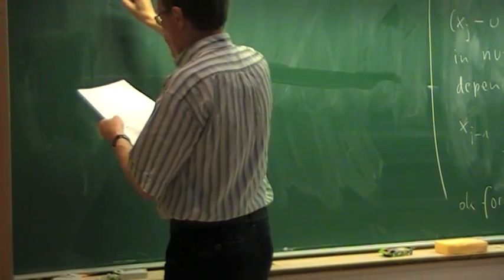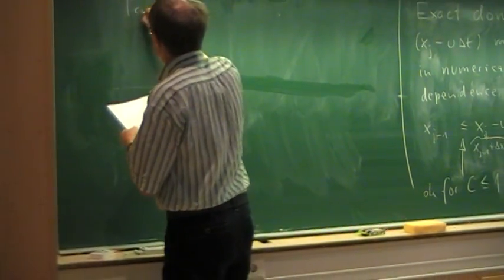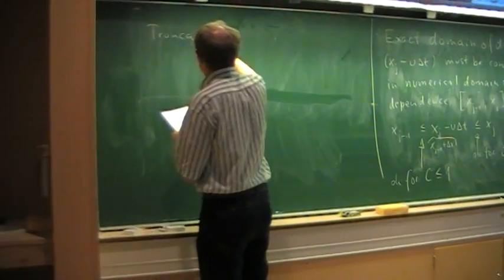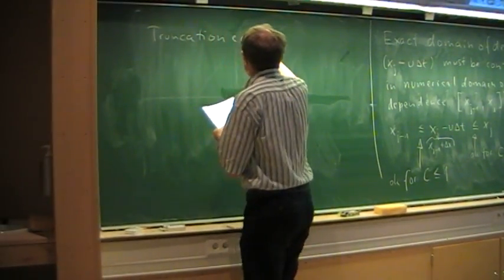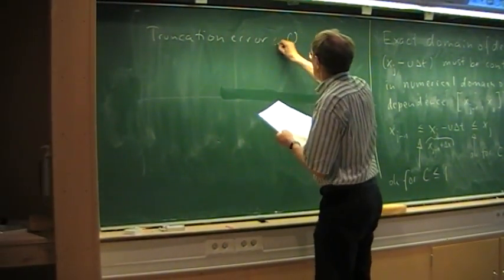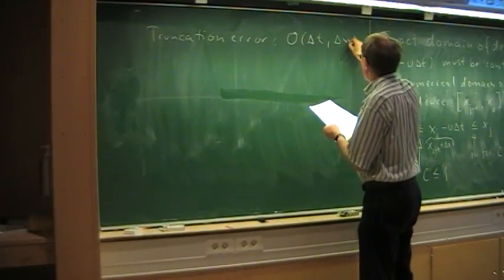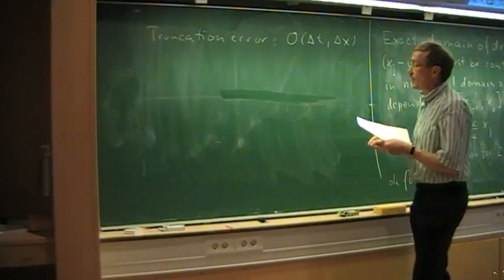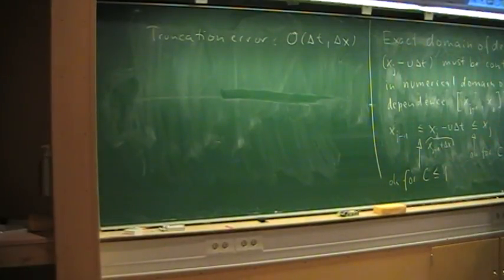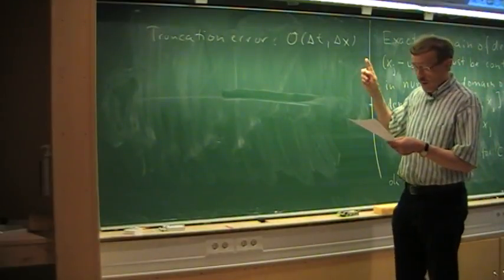So the truncation error, and also the accuracy of the method, is order delta t and delta x. That is, the explicit Euler method for the Upwind method is first order accurate in space and time.